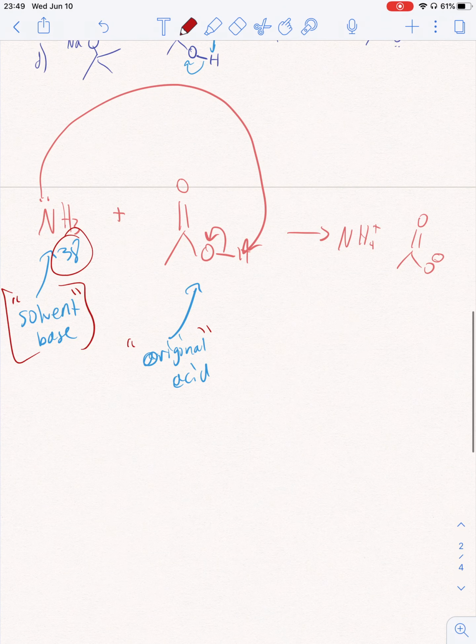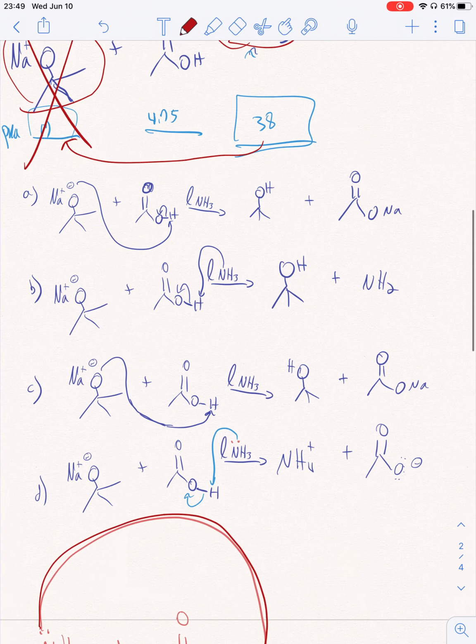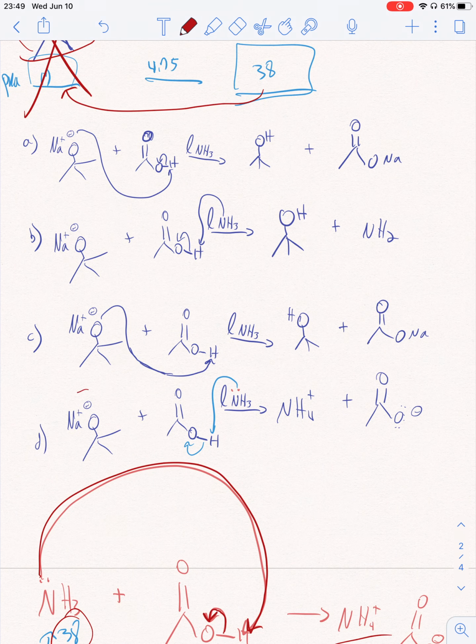So the electrons will flow from the place with electron richness from the base to the hydrogen of the acid, showing another arrow breaking these bonds going on to the oxygen, and we have NH4 plus and this thing. So that would make our answer D.